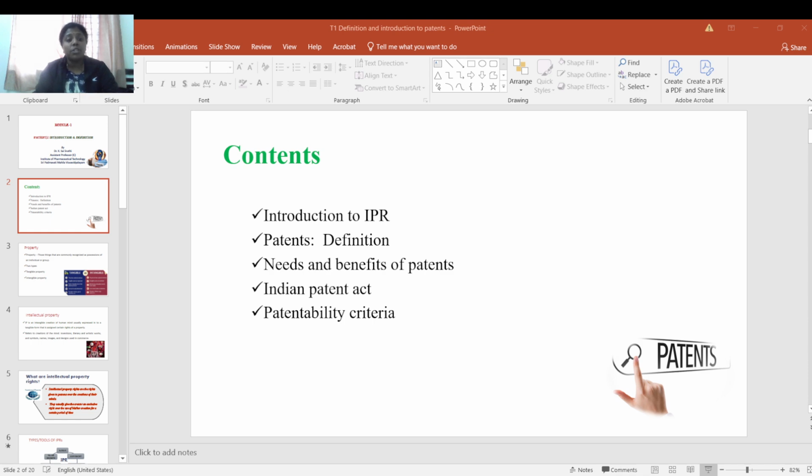And with respect to society, it encourages invention and the dissemination of knowledge. Sometimes, if an invention is not disclosed, society will be affected. Then, for the economic growth of society, for economic development and technological progress also, patents are very much needed.